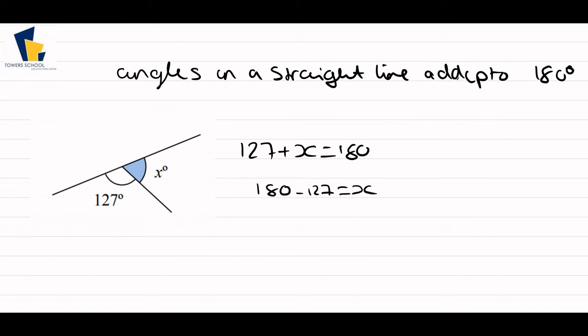So I'm going to do 180 minus 127, which will give me x, which means that x is equal to 53 degrees.